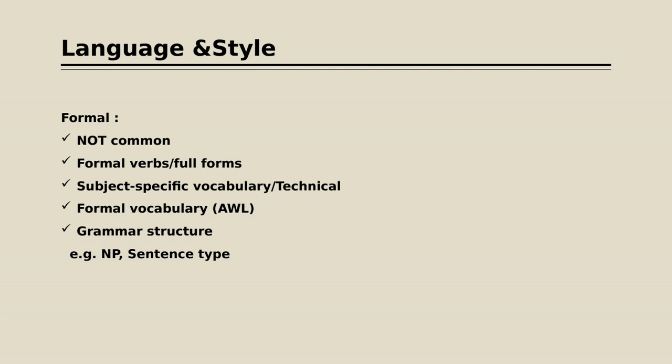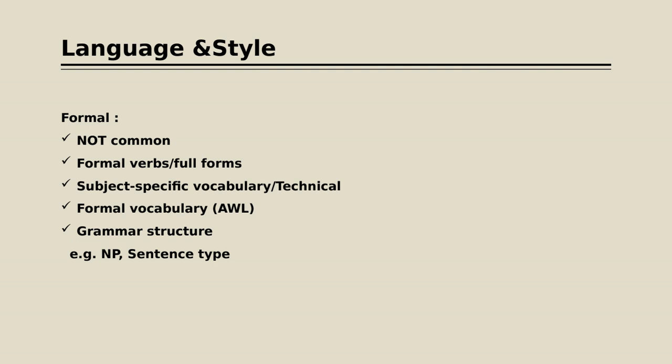One more point for formality is to use formal grammar structure, where grammar is very crucial. What we mean by formal grammar is that you have different types of sentences. Your writing should not be a string of simple sentences, but you vary the structure.